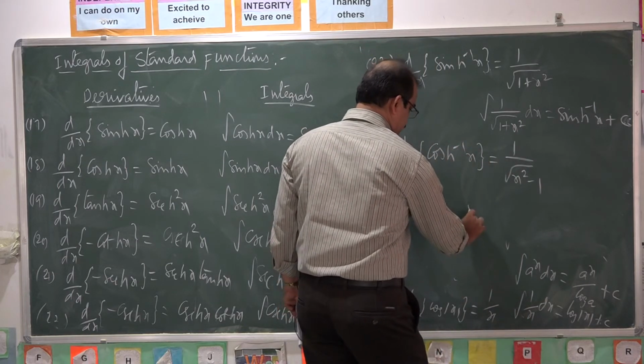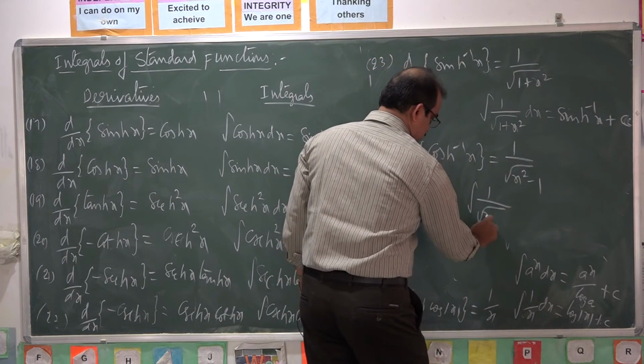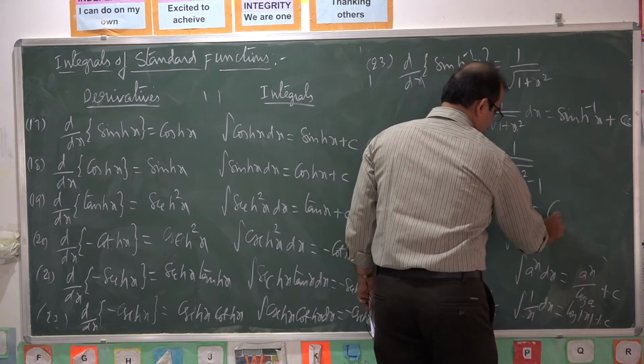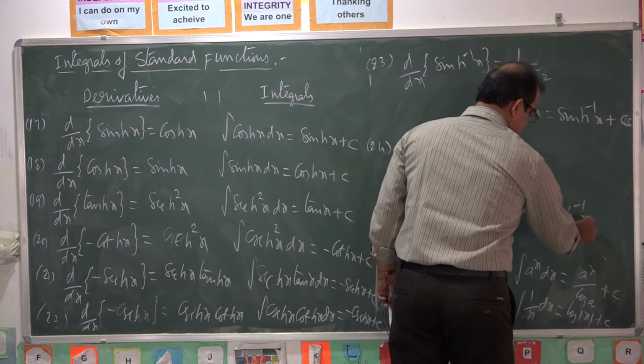In integration, we write 1 by root of x square minus 1 dx is equal to cos h inverse x plus c.